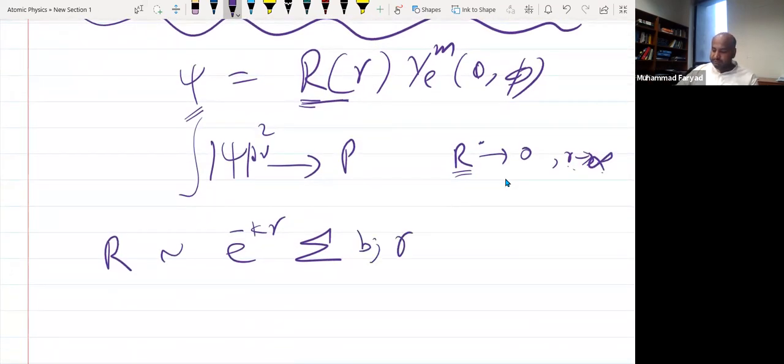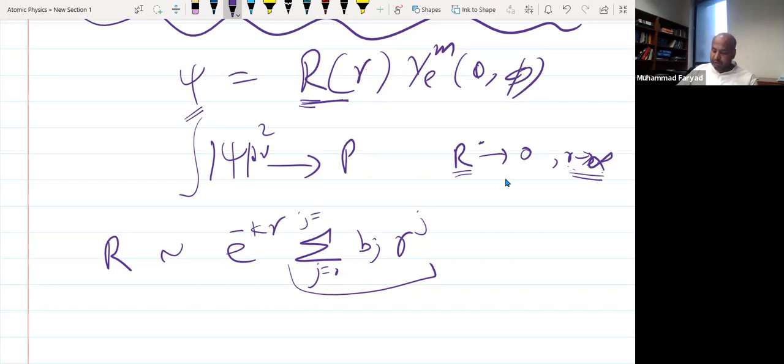So it can have a solution like this, where this is expanded as some series, and this series cannot go to infinity, because if it keeps on adding terms up to infinity, then this will not satisfy that as r goes to infinity, R should be 0. So this has to end somewhere.